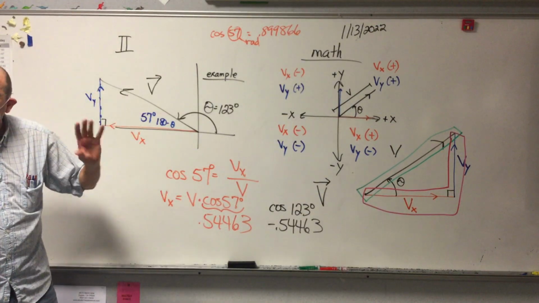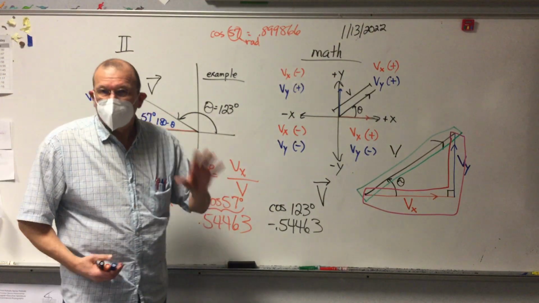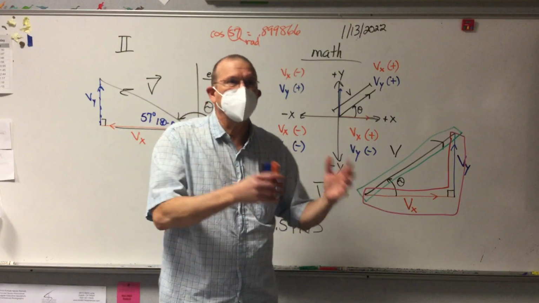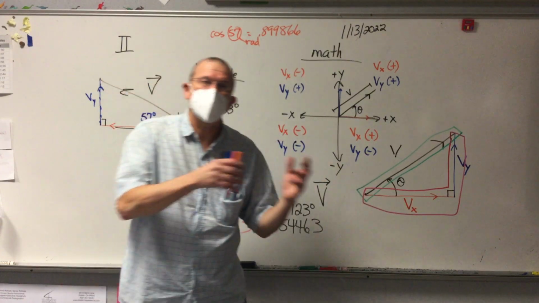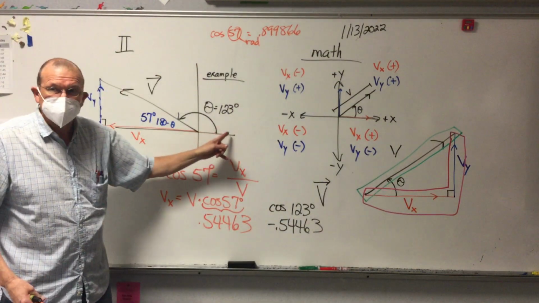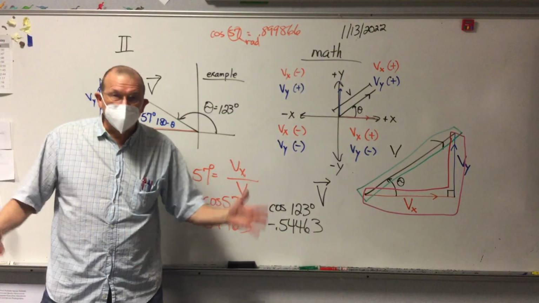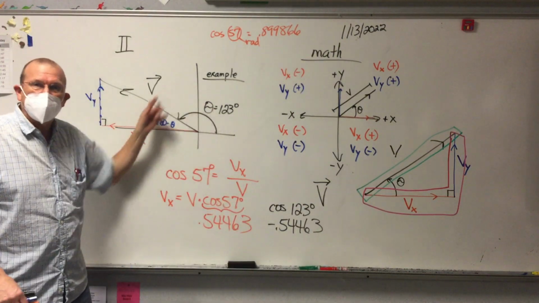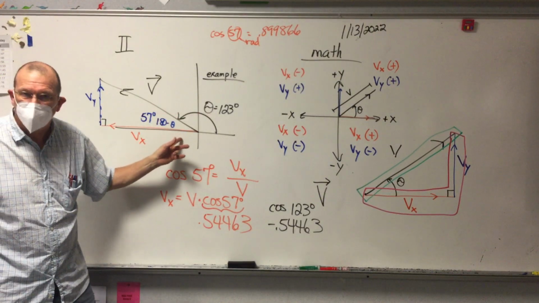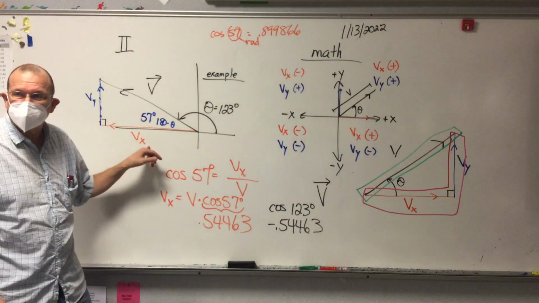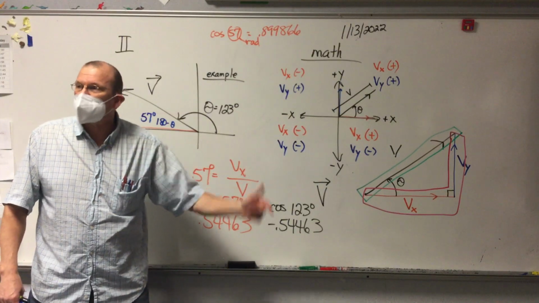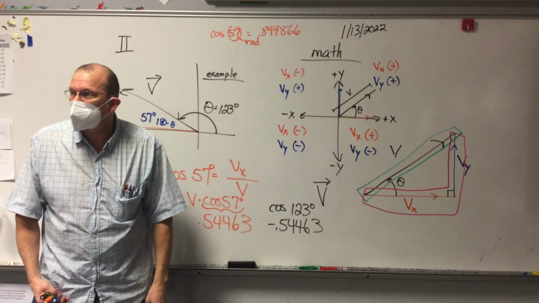So when you apply the two equations that I showed you earlier, Vx equals V times cosine theta and Vy equals V times sine theta, you would be stupid not to use the full angular measure. Because when you use the full angular measure as it's given to you in polar coordinates, if your Vx or your Vy needs to be positive or negative, it will automatically come out that way.